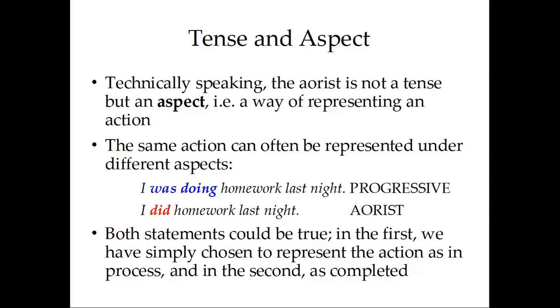We usually use the progressive aspect when we are emphasizing the fact that this was a process. Perhaps it was interrupted, perhaps it went on for a long time, perhaps the homework was really hard, perhaps it was my excuse for not doing something else, etc. There are lots of reasons why we might present this particular past action under a progressive aspect.